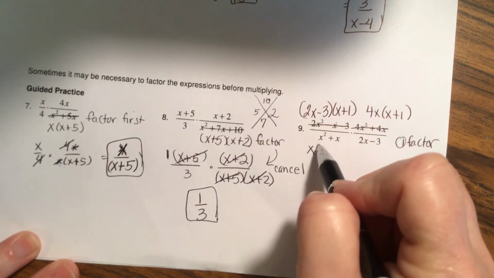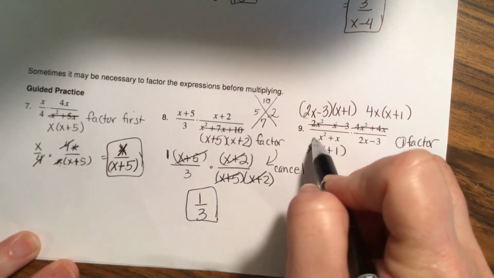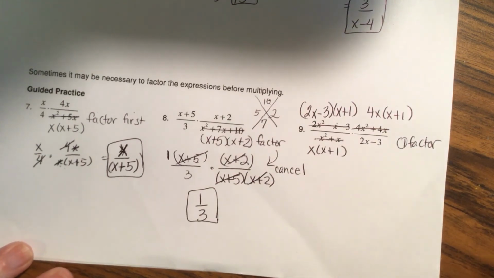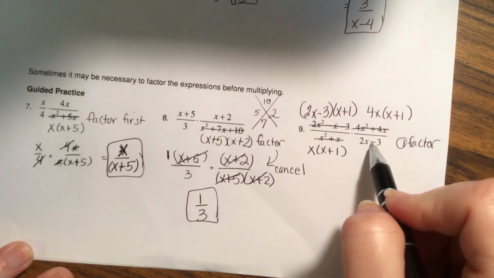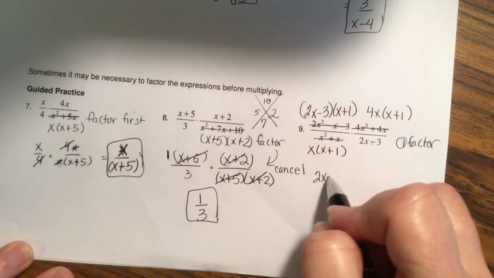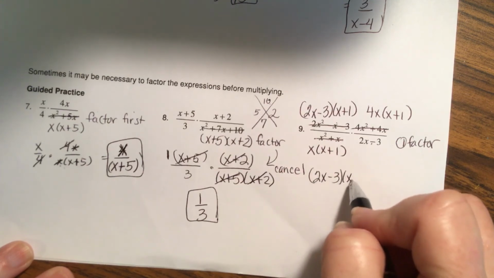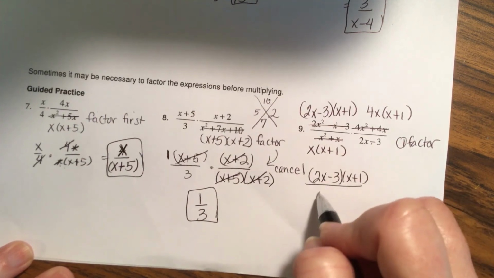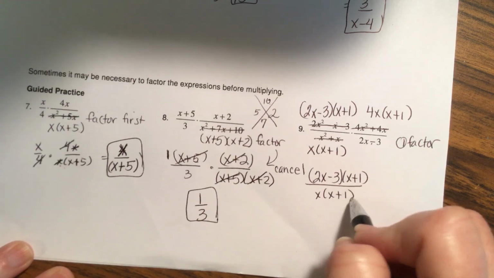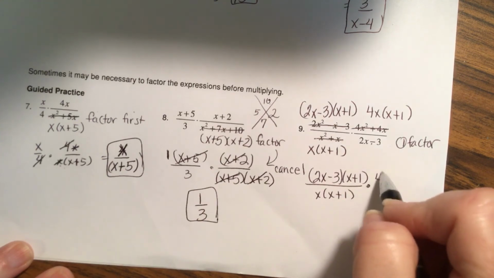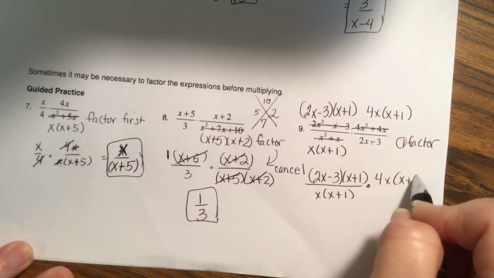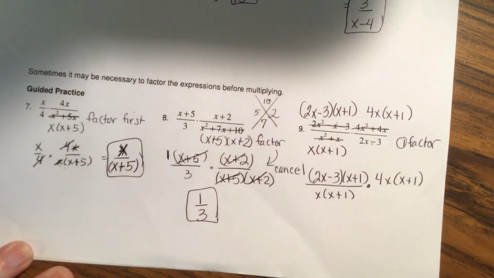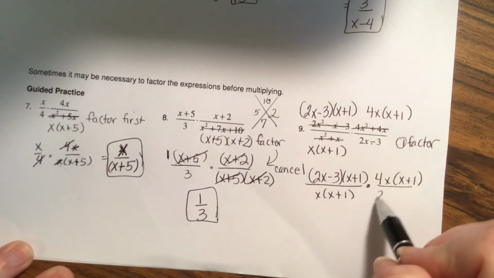On the bottom, I have an x in common here, so I can factor it there. This one we can't factor. So if we rewrite it, we have 2x minus 3, x plus 1, over x times x plus 1, times 4x, x plus 1 on the top, over the 2x minus 3 here.